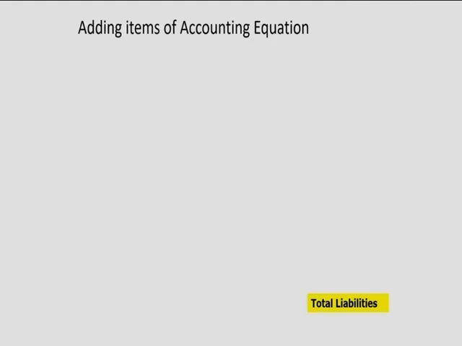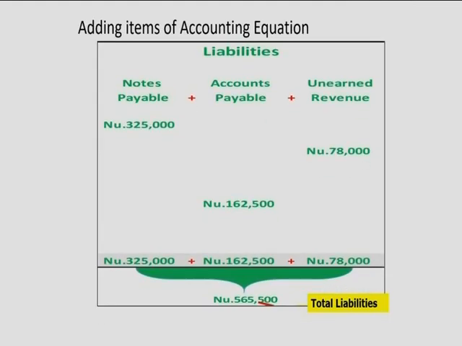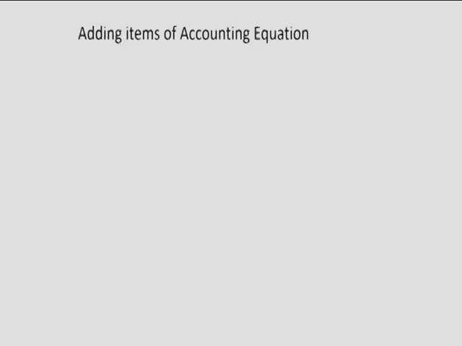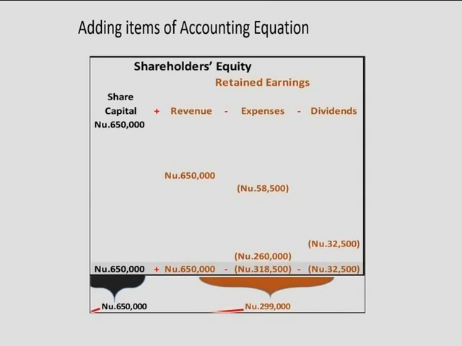Next, you add the liability columns. On the liability side, you have notes payable, accounts payable, and unearned revenue, with a total of 565,500. And then the next addition is the third part of the equation, that is shareholders' equity. In shareholders' equity, you can see you have share capital of 650,000 and total retained earnings of 299,000 on that date.